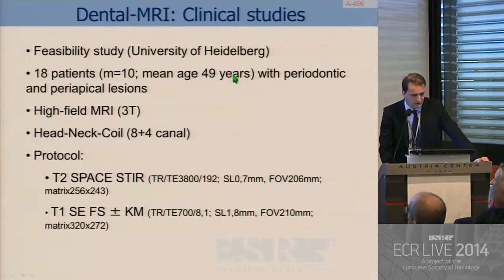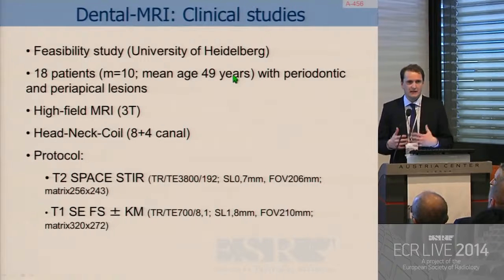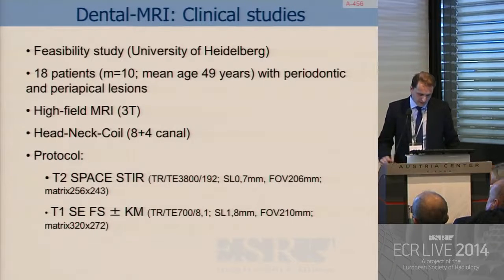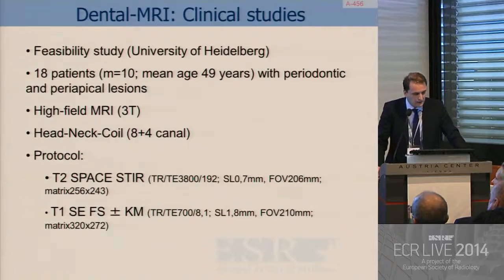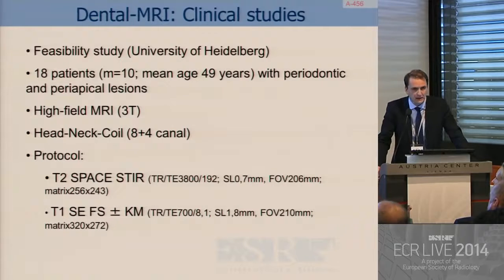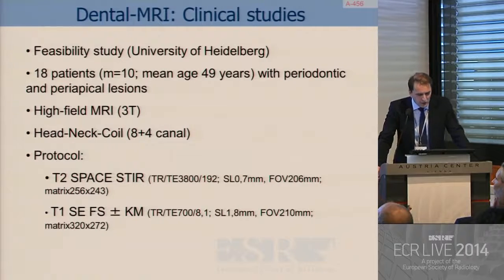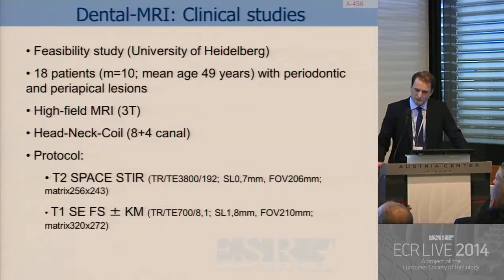Now we tried to bring these results or this experience to a clinical routine or to a clinical question, and we performed a feasibility study on patients with periodontic and periapical lesions. And now we had to shift from a very special in vitro setting to a routine clinical setting on a 3 Tesla MRI with a normal head and neck coil.